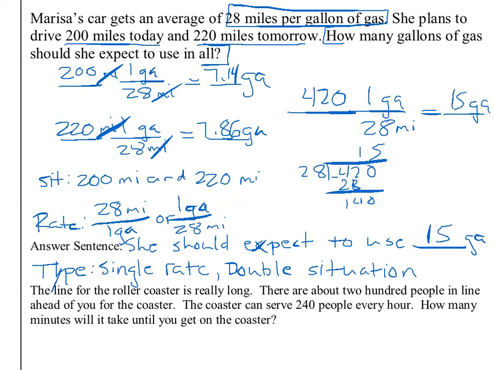In this particular case, it's whatever you feel most comfortable with. A lot of people feel more comfortable doing it with 2 rates. That way they just don't have any confusion between double rate and double situation problems, because there's no combining you can do with double rate, double situation problems, because it doesn't happen all at the same rate. Okay?